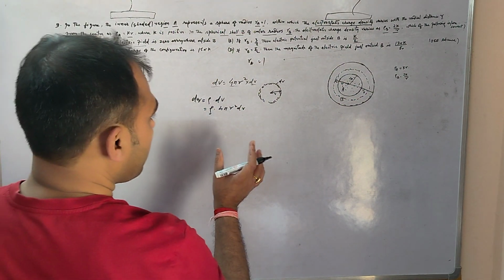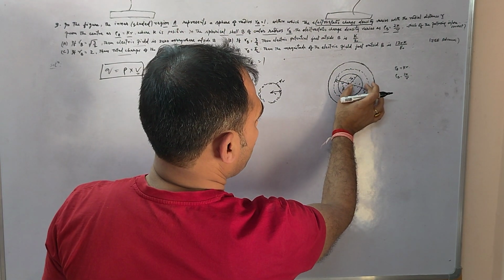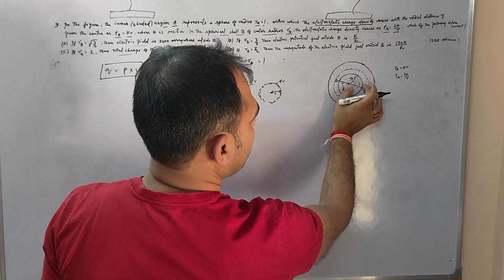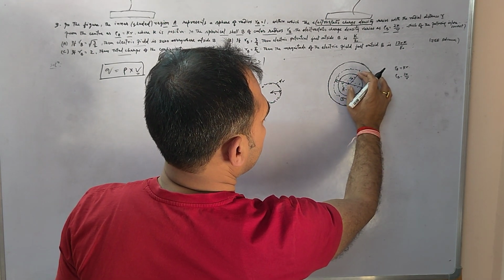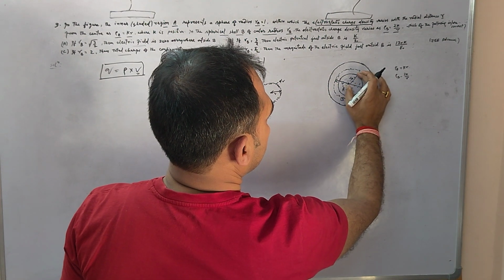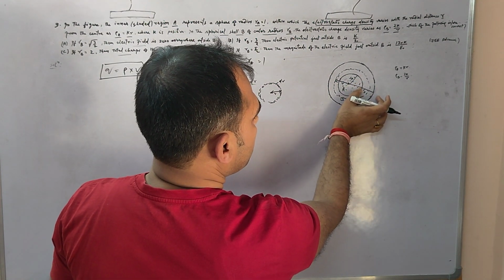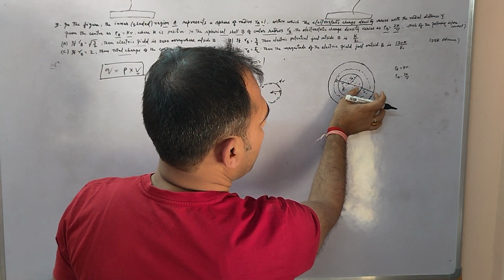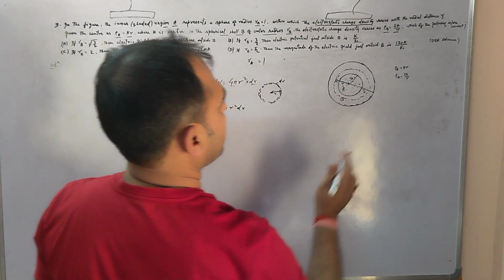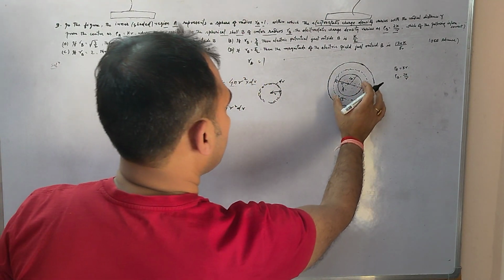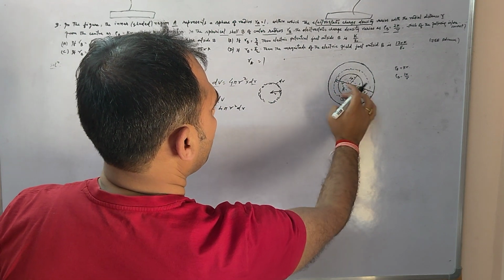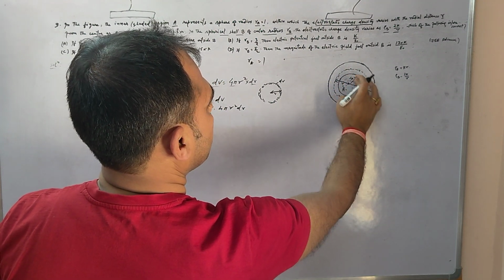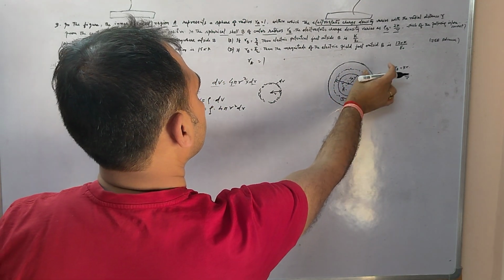Rho A is kr for 0 to 1, and for 1 to RB it is 2k by r. So first of all, let us find the value of QA for this inner sphere.